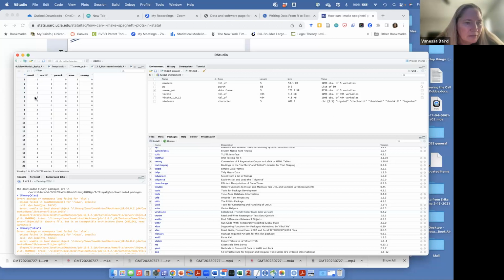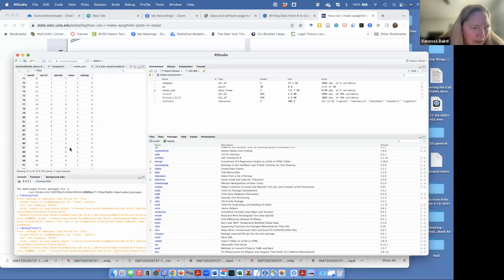Number one has 5 or 6 measures, and as you continue down, you've got individuals who occupy multiple units because we've been collecting data over time.